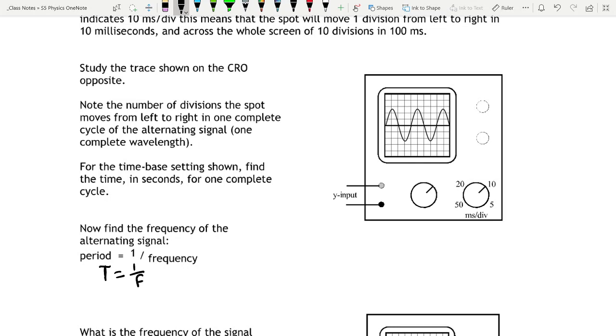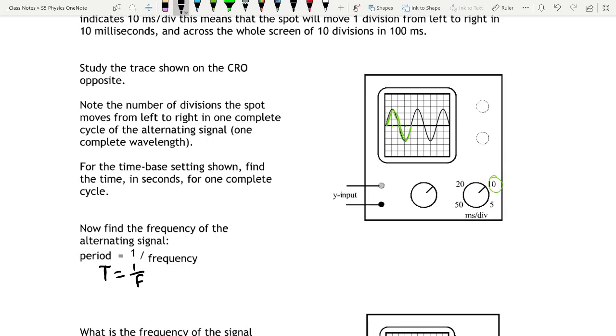Okay, so in the case of the top one, we're just concentrating on one wave. How many boxes does that one wave span? 1, 2, 3, 4 boxes. Each box is worth 10 milliseconds.